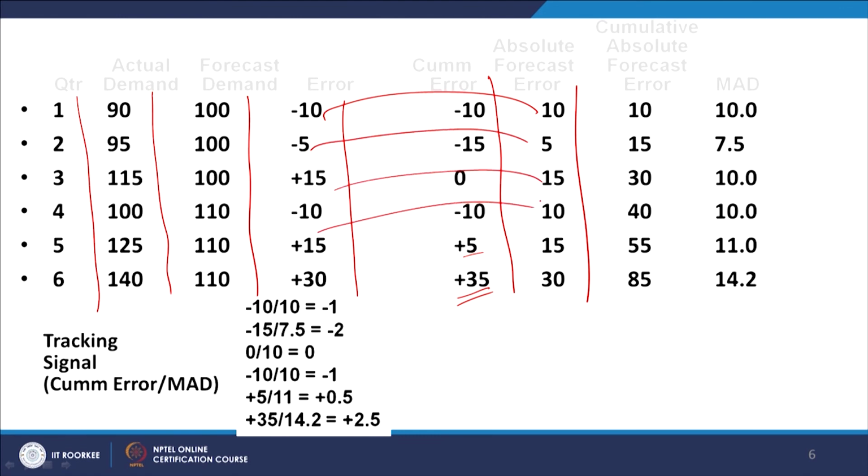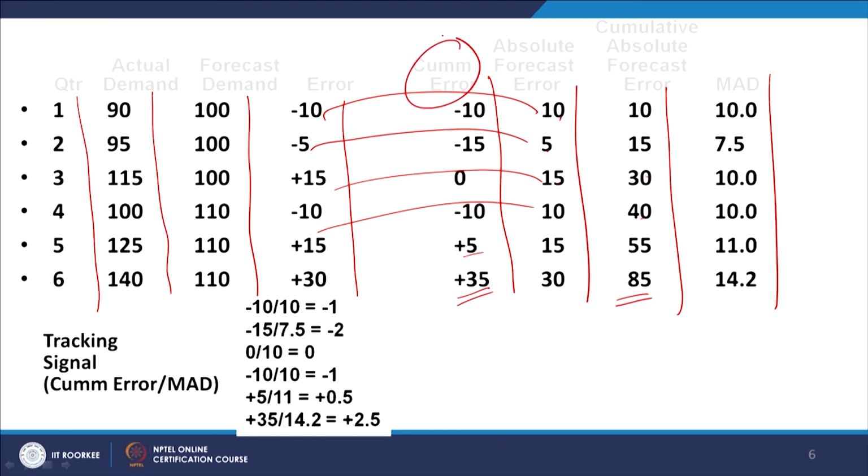Then the cumulative absolute forecast error is calculated: 10, 15, 15, 15, 30, then 30 plus 10, 40, 40 plus 15, 55, and then 55 plus 30, 85, and the MAD value is calculated.